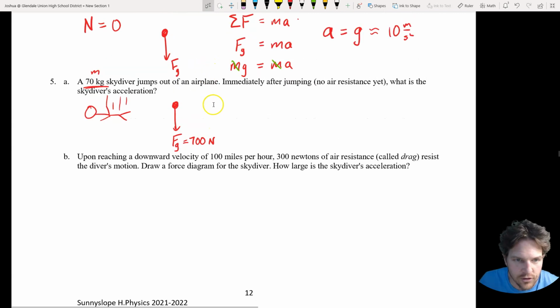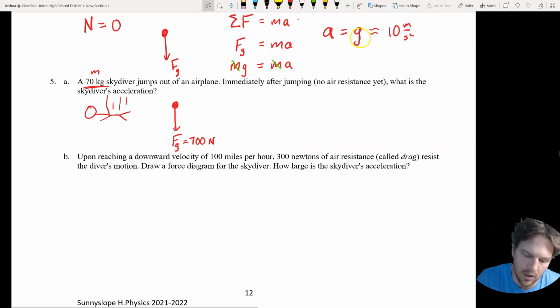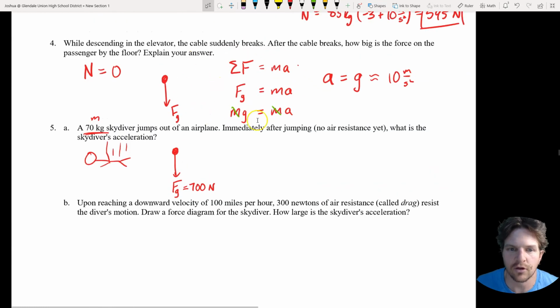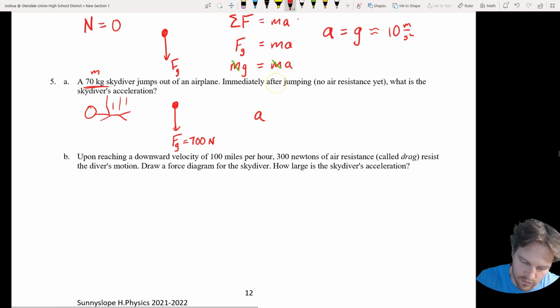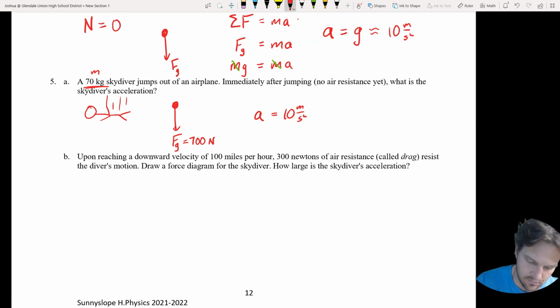What is their acceleration? You could do it two ways. First way, knowing immediately that the force of gravity is the only force acting on this object, it's going to be just 10. But we could also do basically this little thing. It's going to look the exact same. So we know that the acceleration is always 10 meters per second squared, and that's going to be negative 10 because they are going down.